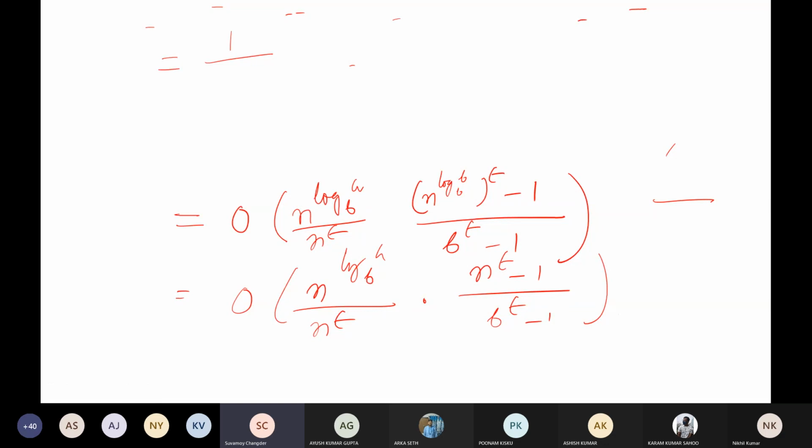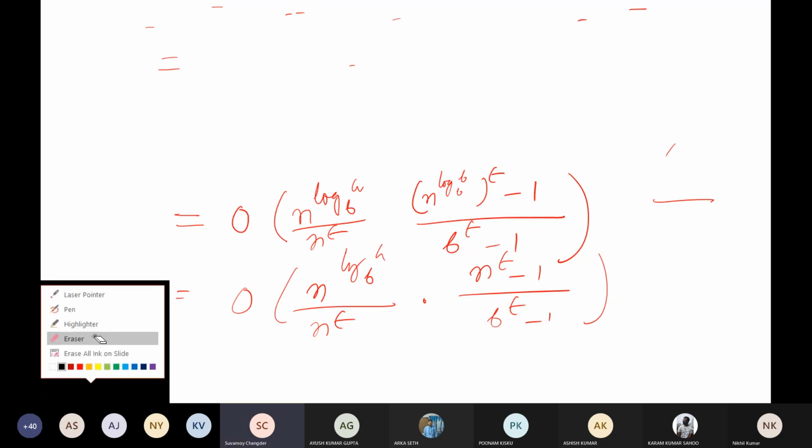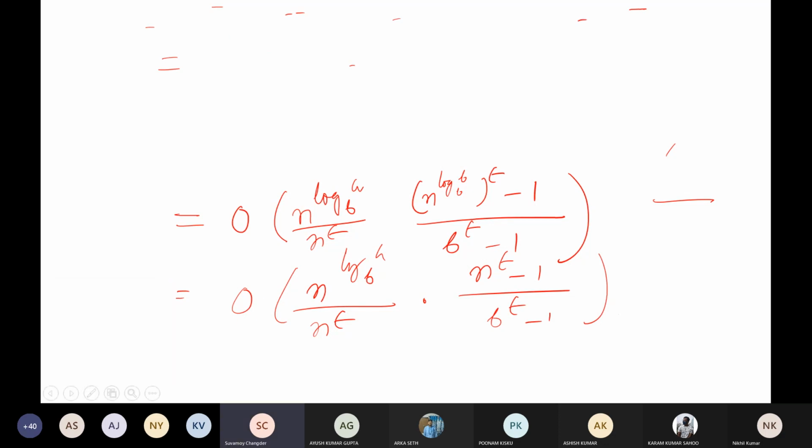We can consider this, or we can erase all these values. We may not consider this value at all, because the constant term will be absorbed within this big O.